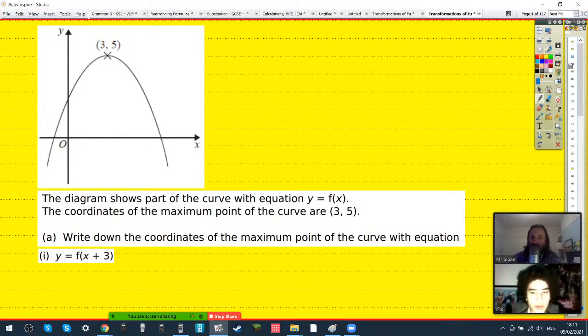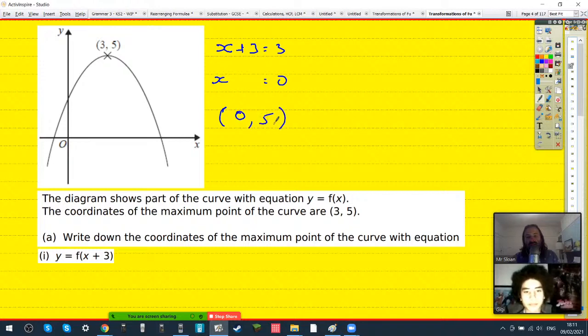The x. Correct. Just the x. It's in a bracket next to the x. So x plus 3 equals 3, so x equals 3 minus 3. So x equals 0. And so the new coordinate? 0, 5. Well done.